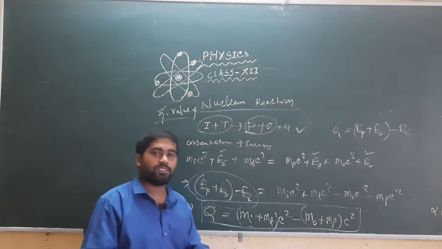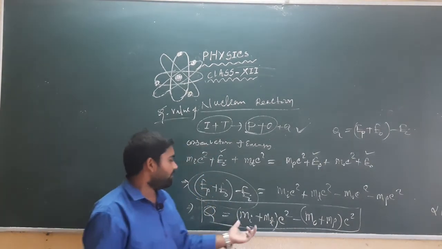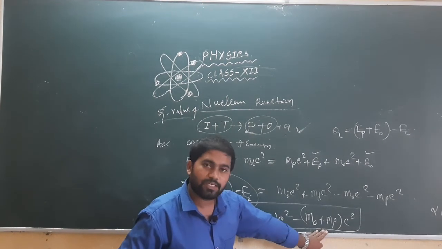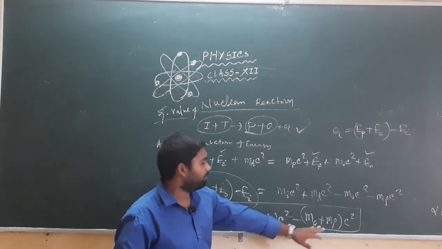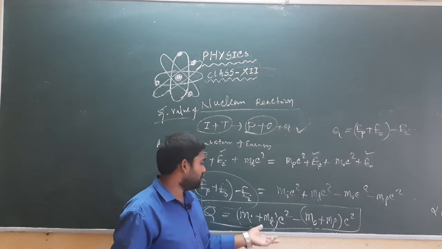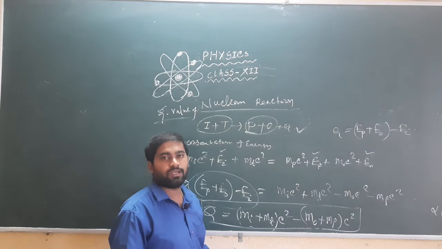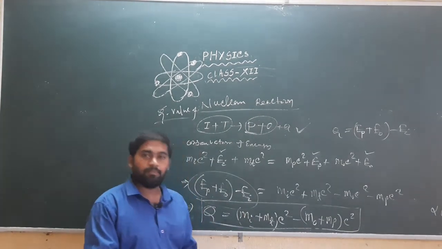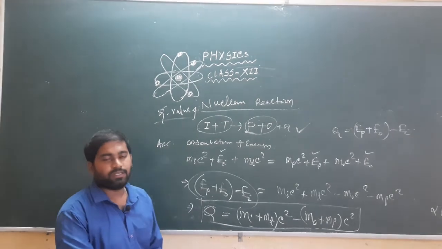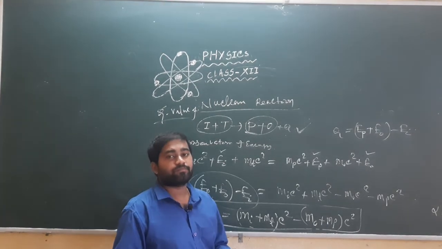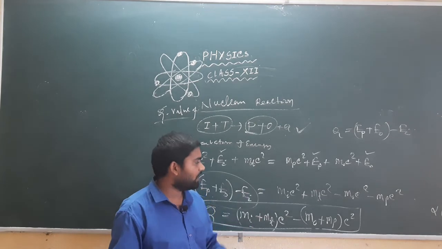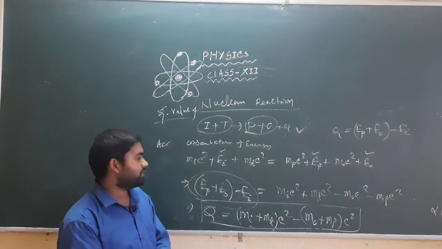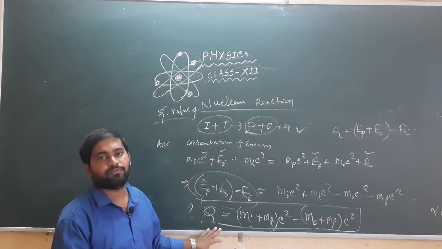It may be that the mass of the incident side is greater than the mass of the product side, or the mass of the product side is greater than that of the incident side. So depending upon the variation of mass, a reaction may be endothermic or exothermic.